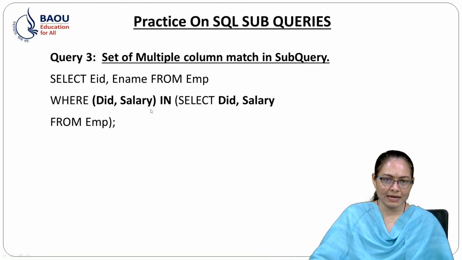How to write the multiple column? In the bracket, first column comma second column comma third column, we can write in the bracket, in, then select DID comma salary. This column is matched with this column.